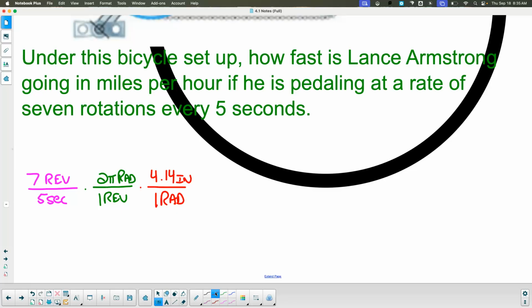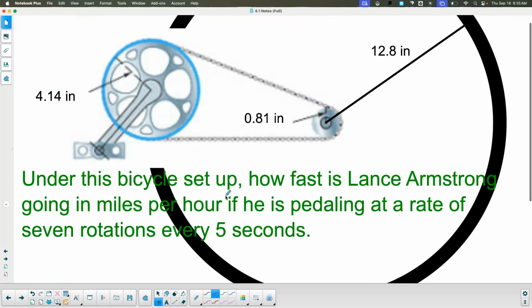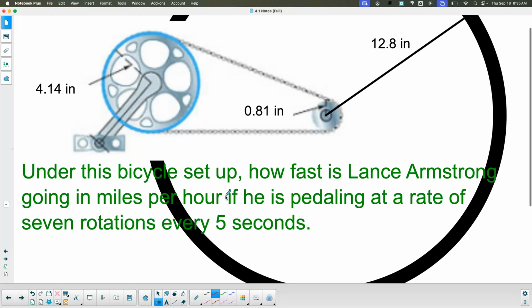Okay? So we're on the pedal. Remember, everything's got to be connected. So right now the pedal is going around and around and around. So we just found the linear speed of the pedal sprocket, which is the linear speed of the chain. Yes? Okay. So now we can jump from the pedal sprocket to the wheel sprocket, correct?